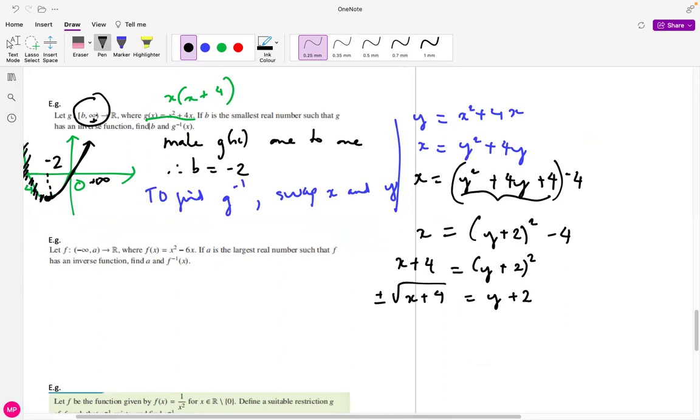So if they go to infinity for the original, then the range of the inverse needs to go to infinity. So you need to pick the positive square root to make it go to infinity. Okay, so in here we just do square root. And then move the 2 over, so you will have square root of x plus 4, minus 2. And that will be your inverse equation.